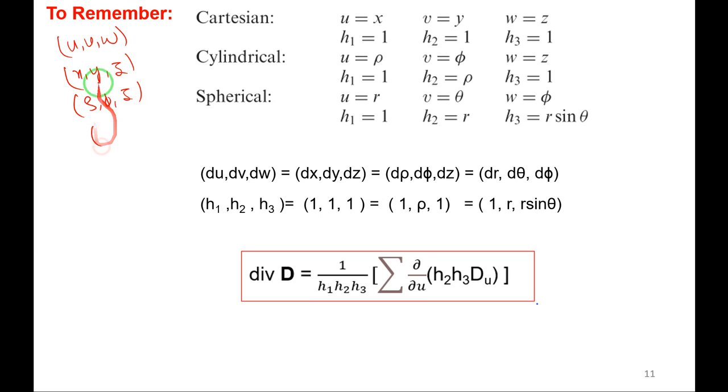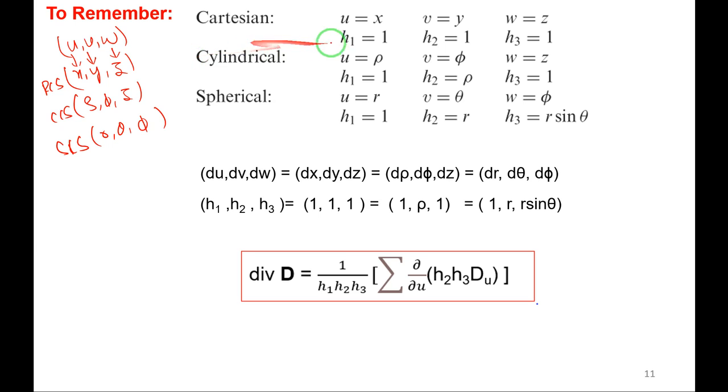In spherical, we can replace them by r, theta and phi. The same thing has been written here: x, y, z in Cartesian, rho, phi, z in cylindrical, and r, theta, phi in spherical. This is for the rectangular, cylindrical and spherical coordinate systems. These are the variables.